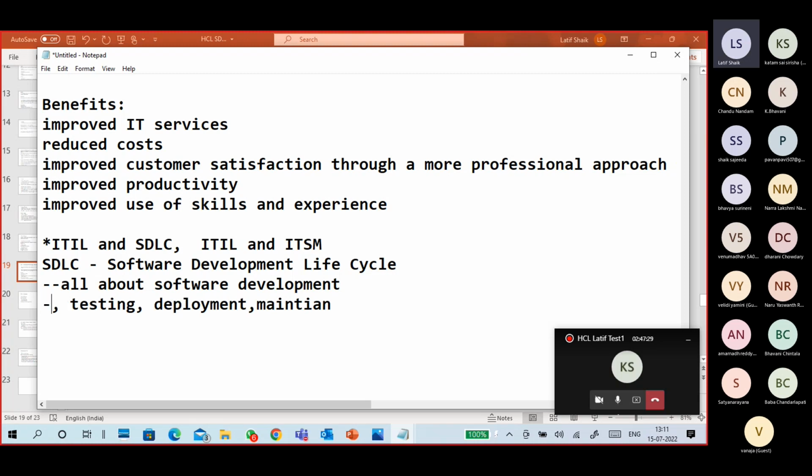In the software SDLC, there are life cycle points, requirement gathering. So from the client, take the requirements. So what are the client requirements?